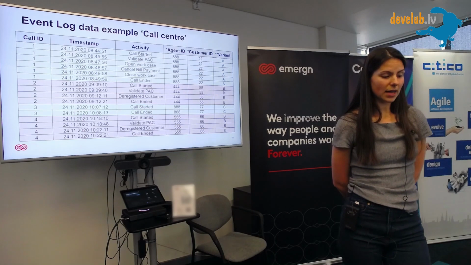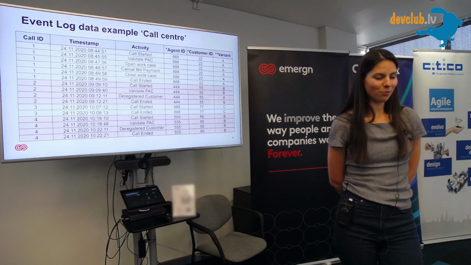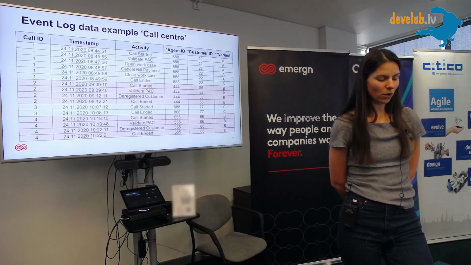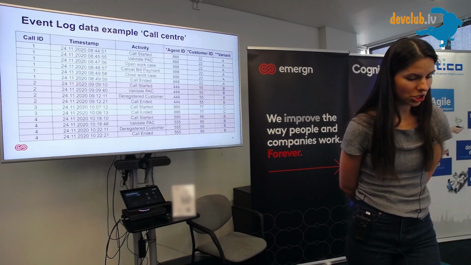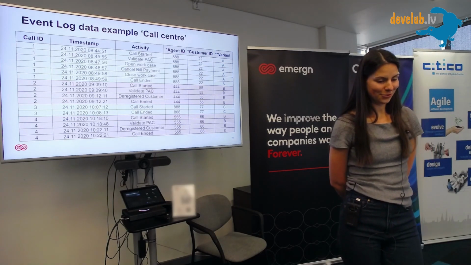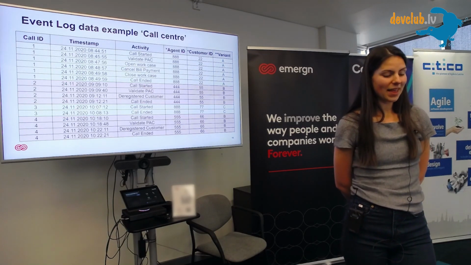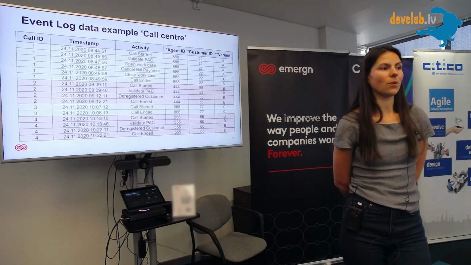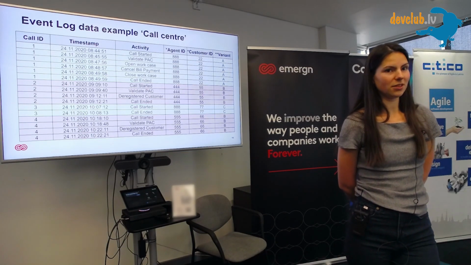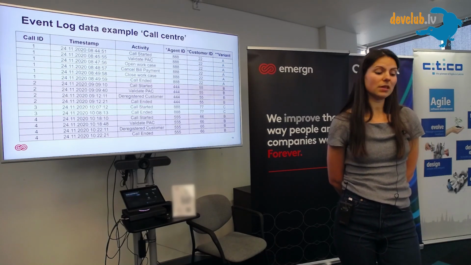So we have got 4 calls in our call center, a very poor call center with 4 calls. And what additional information do we have in this table? We have information about time. So we have a timestamp, and the activity that was performed in this process.